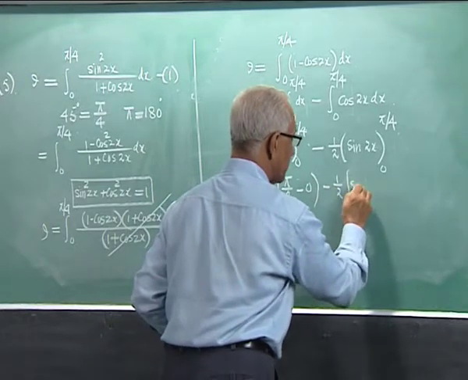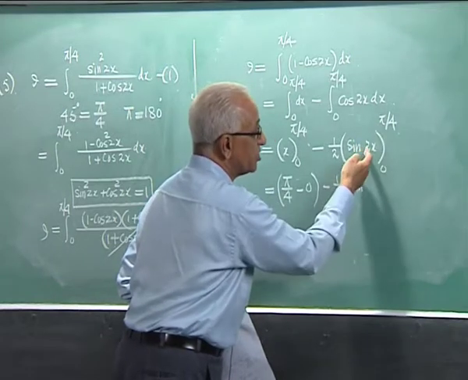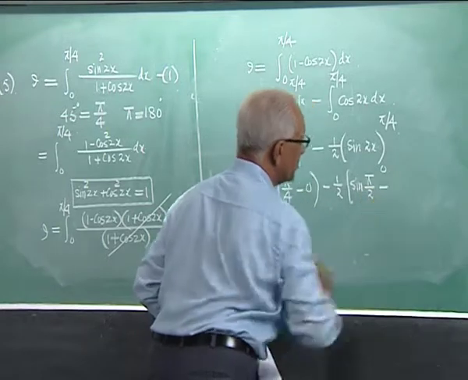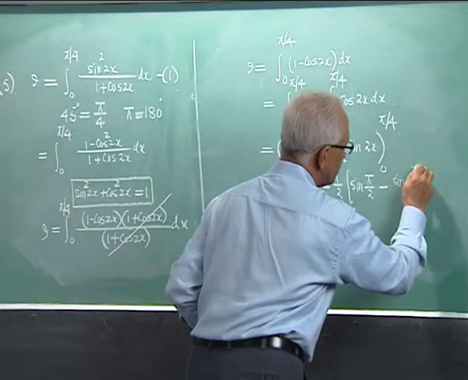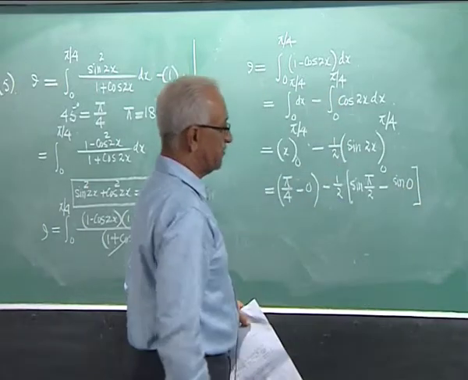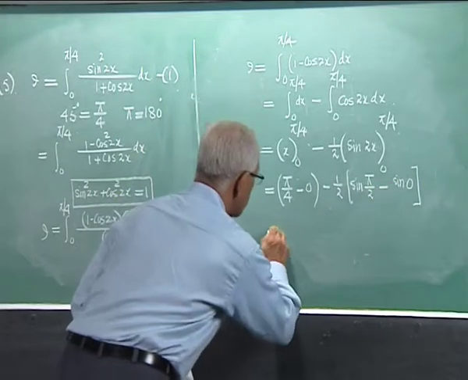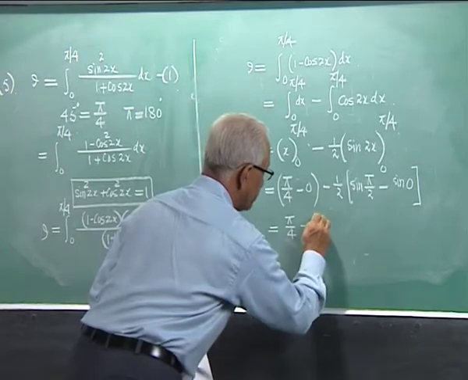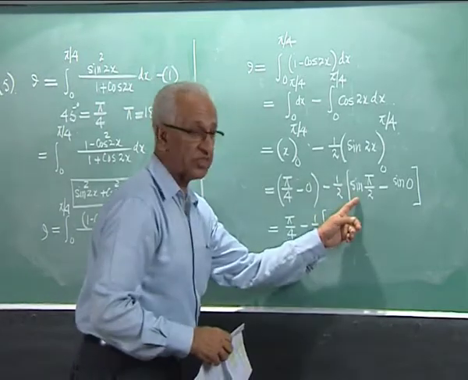Look in here, in place of x I will put pi by 4, this 2 will cancel and will give me sine of pi by 2 minus sine of 0. 0 means 0 degrees. I have put the limits referring to standard values. This will be pi by 4, 0 we are not mentioning, minus 1 upon 2 sine pi by 2, which means 90 degrees.